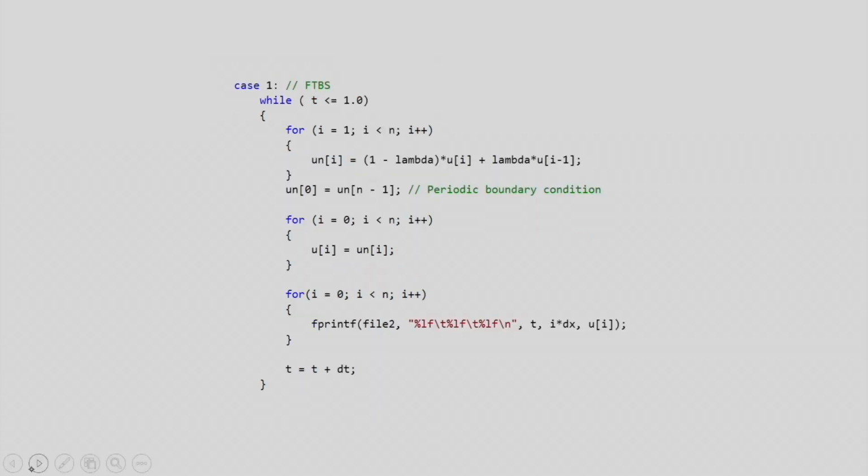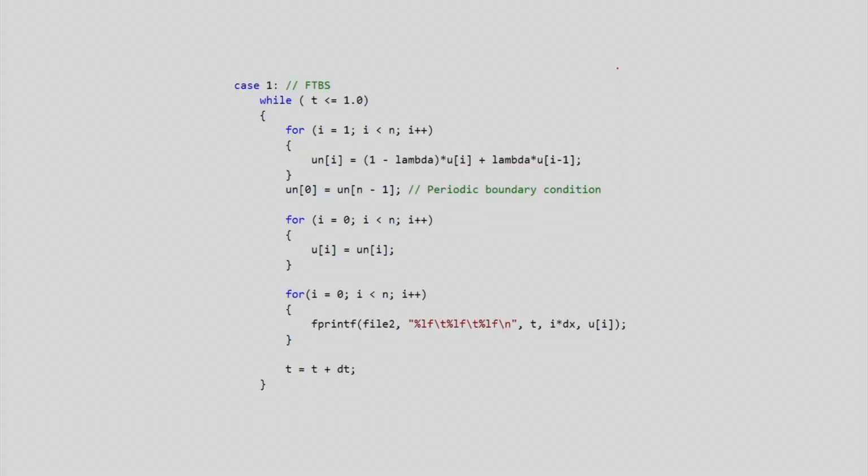First we have considered forward time backward space, because c is greater than 0. This will be conditionally stable. If you apply the FTBS scheme, forward time and backward space, to del u by del t equal to minus c del u by del x, what will you get?